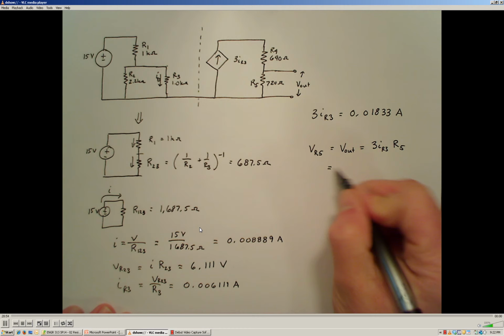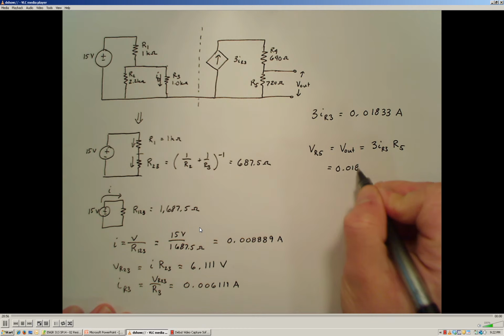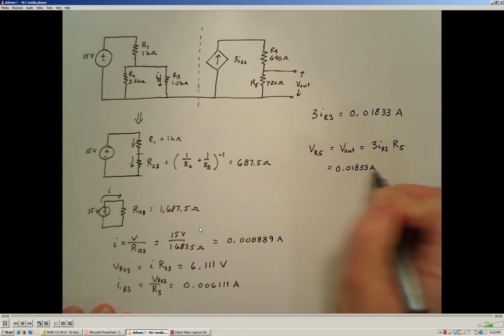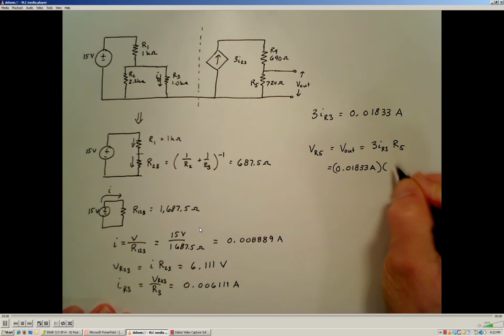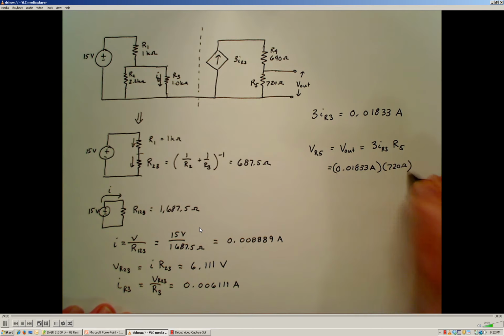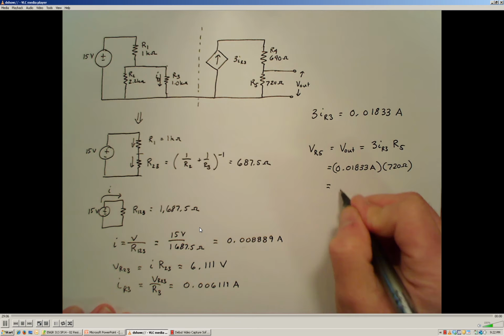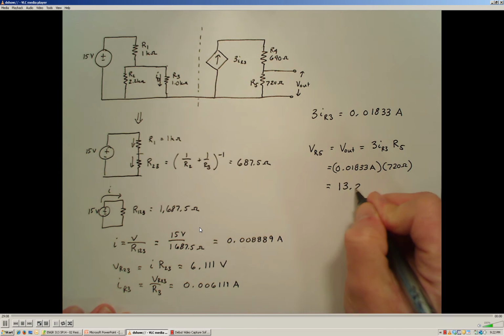So that is 0.01833 amps multiplied by 720 ohms, and the product of those two values gives us 13.2 volts.